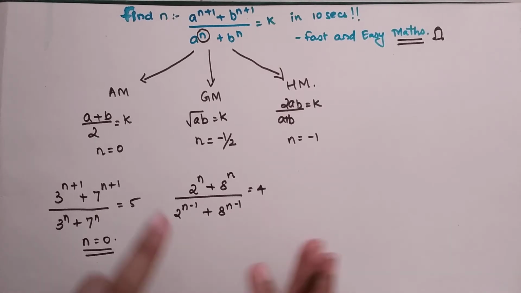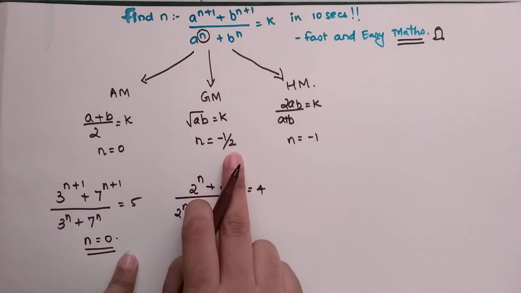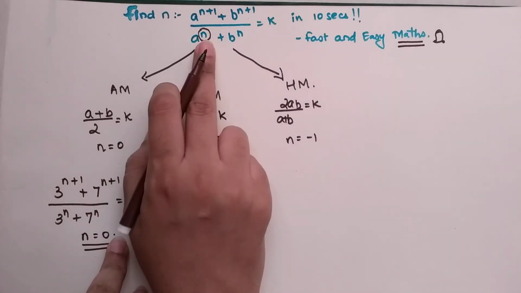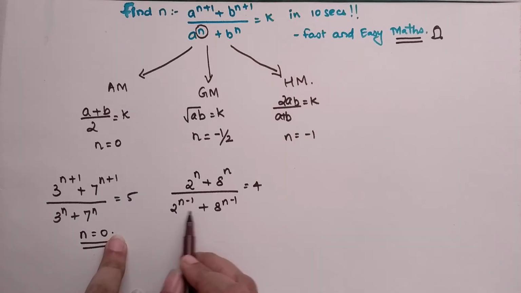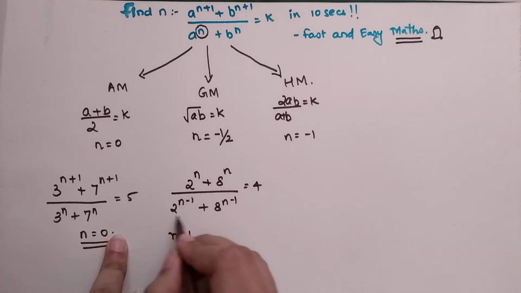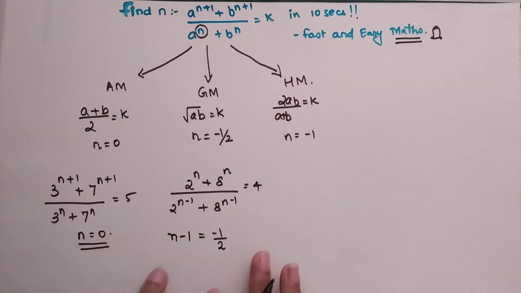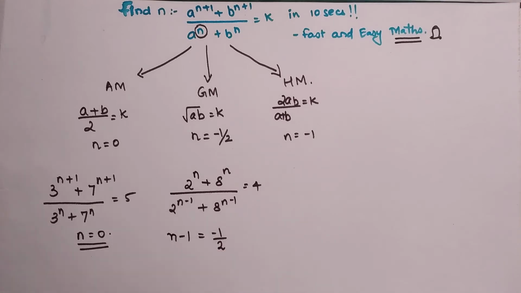But students, please don't make the mistake of writing that the value of n is equal to minus half, because at the start of this video I told you we are trying to calculate the value of n in the denominator, and over here the value in the denominator is n minus 1. So here we'll say n minus 1 is equal to minus half. I hope this is really very clear, because trust me, if you forget this particular part, then you will lose out on marks, which I definitely don't want you to do.